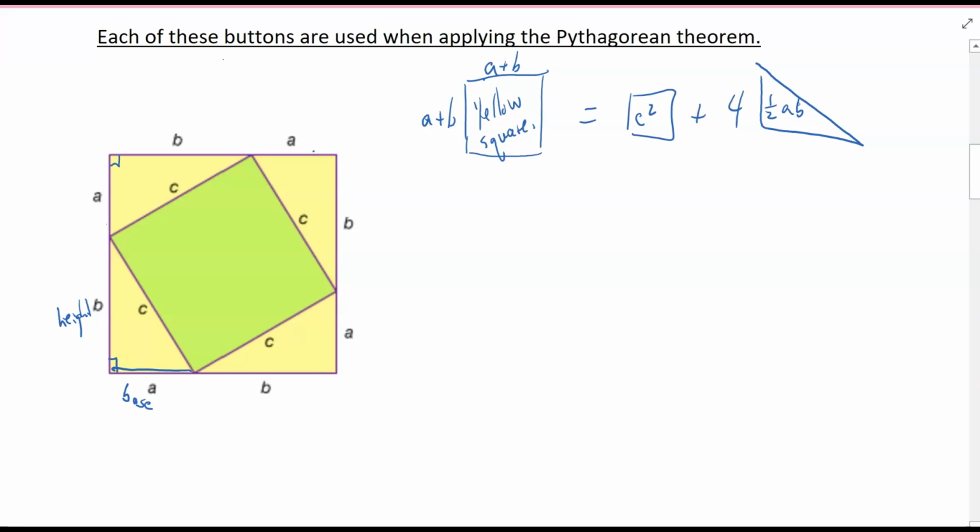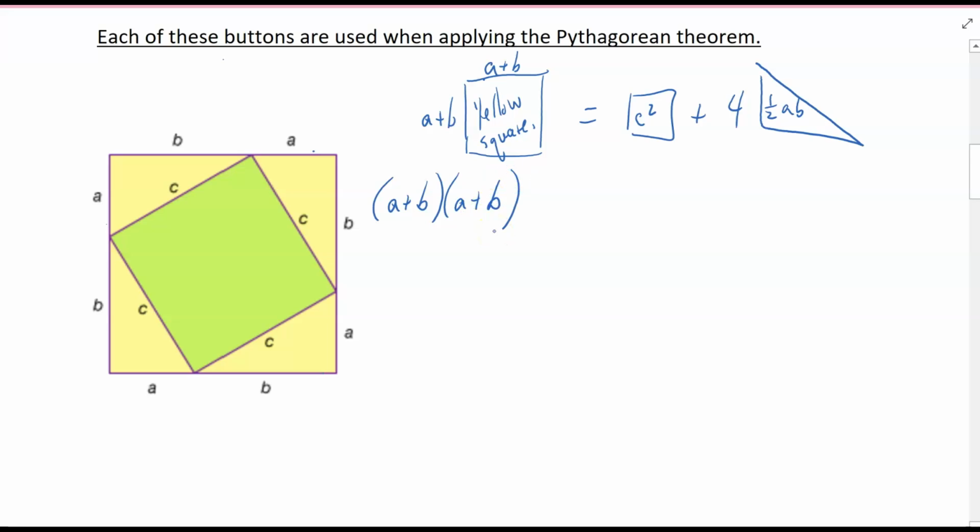So what we want to find out is if this is equal, and it should be, because the area of the yellow square should be equal to the area of the yellow triangles plus the green square inside it, okay? So the area of the yellow square is a plus b times a plus b.